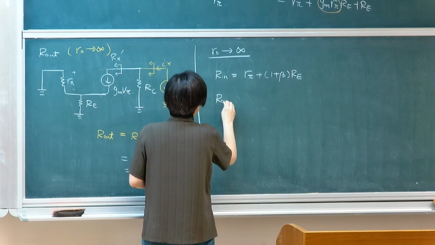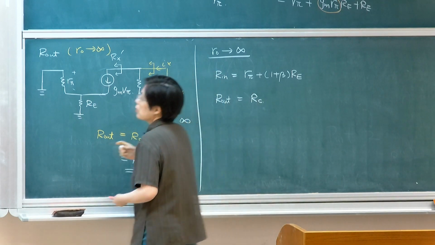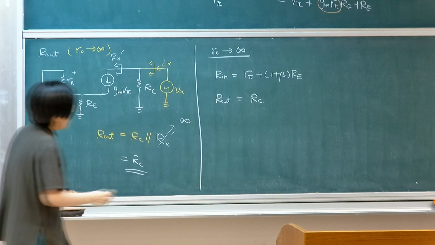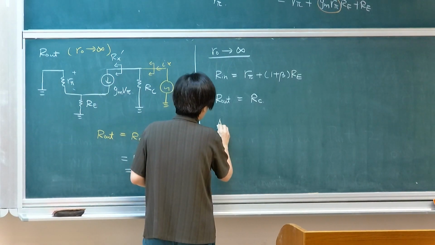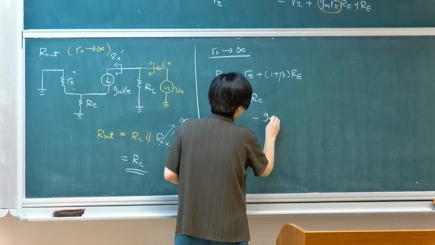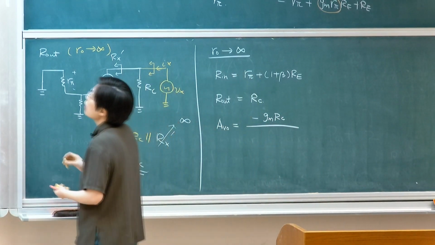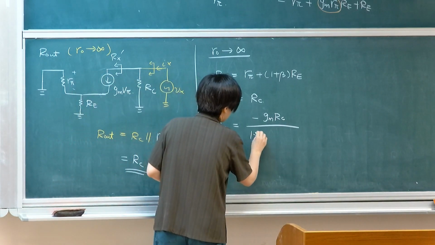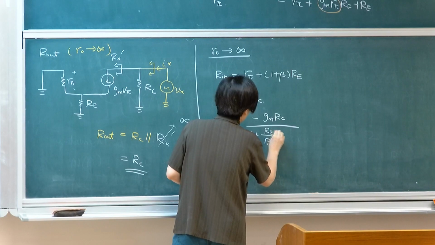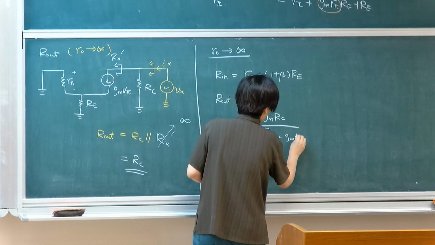Let me write down the output resistance, which will then be RC based on this circuit. And then my voltage gain will then be minus GM RC attenuated by 1 plus R pi, RE plus GM.